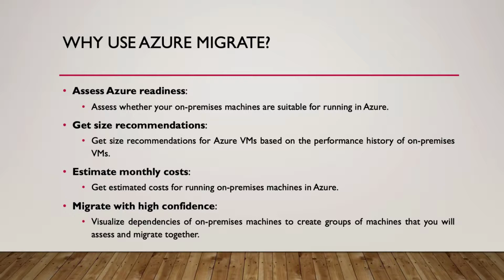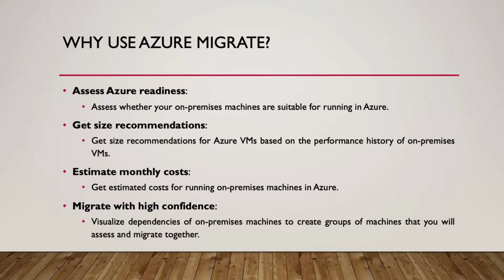So after having all this information in hand, of course you can estimate the monthly costs when you know which size of virtual machines you have and you know what type of compute services will be running on those. Then you can easily get estimated cost for running your on-premises machines in the Azure environment.